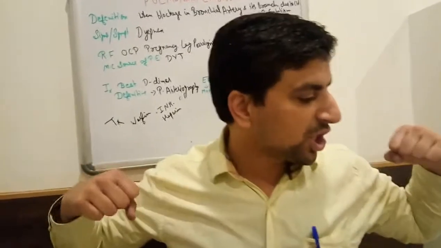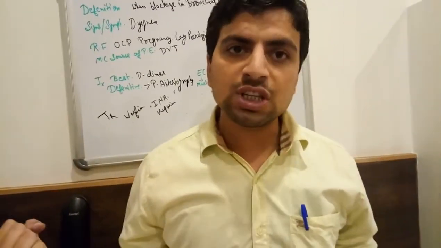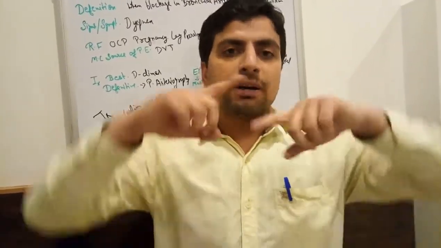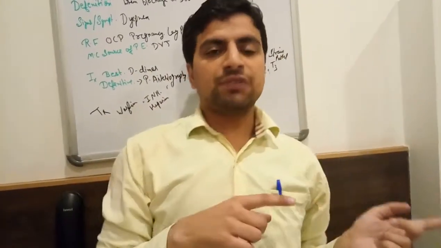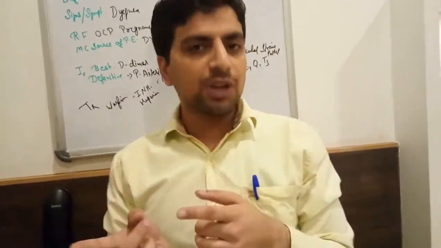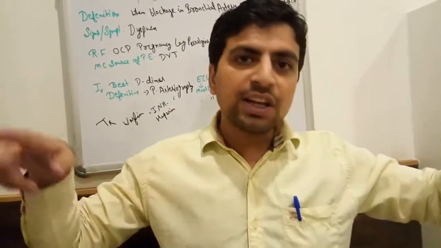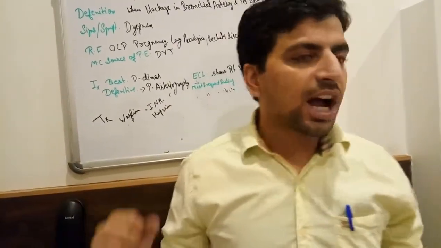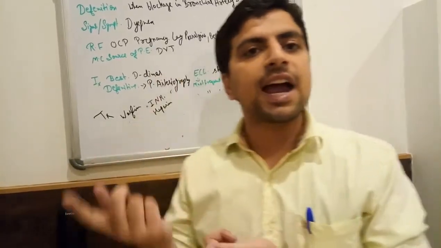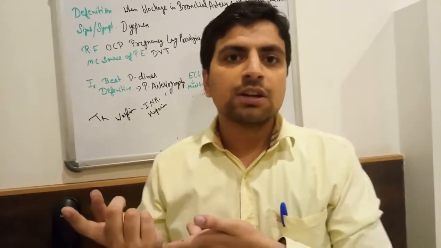Risk factors are obesity. Deep vein thrombosis is the most common risk factor. A female patient with a history of OCP use. Pregnancy, travel history, like travel in a car for 9 hours, travel in a flight for 12 hours. So these are the risk factors.